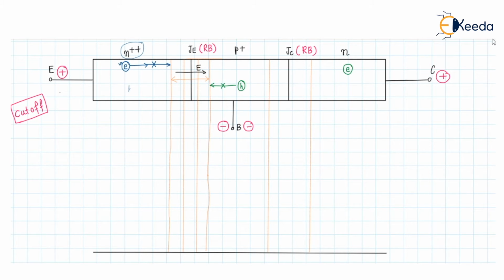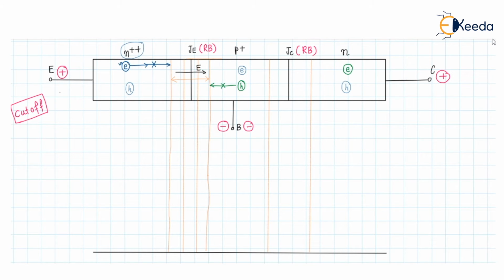So there must be some minority carrier holes here, and similarly there will be some minority carrier electrons. There will also be some minority carrier holes inside the collector region.